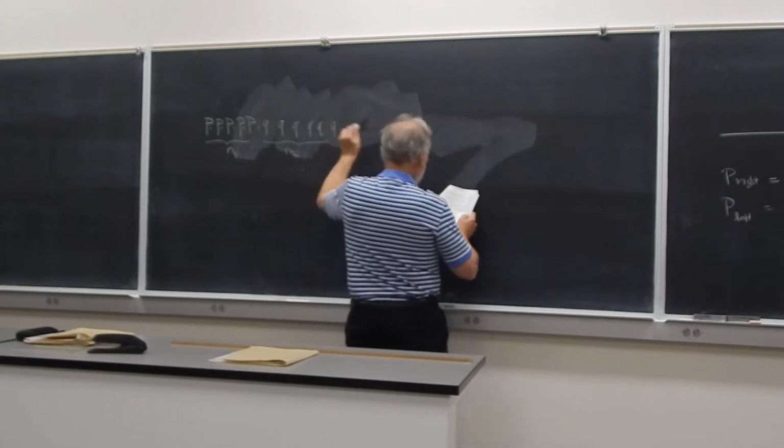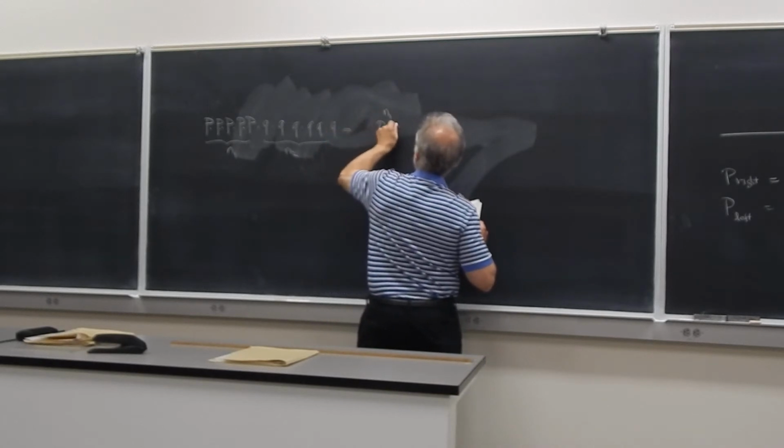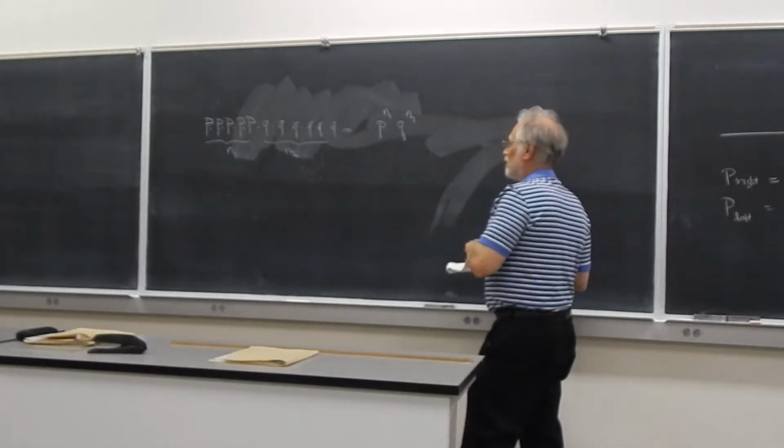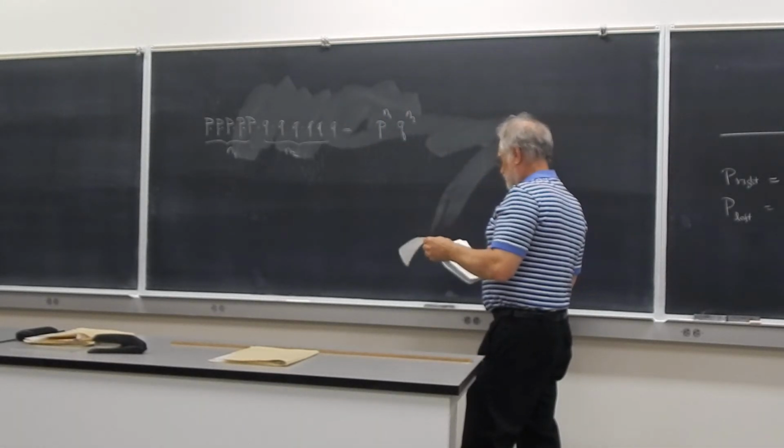Well, I can write that as p to the n1, q to the n2, however many times he goes to the left versus the right.